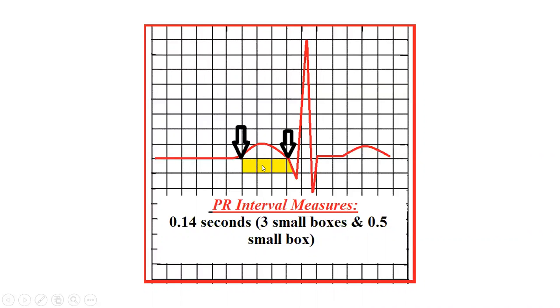When we count the PR interval, we count the little blocks in between. That PR interval should not be greater than one big box. If you have a PR interval greater than one big box, then you're looking at some type of block.